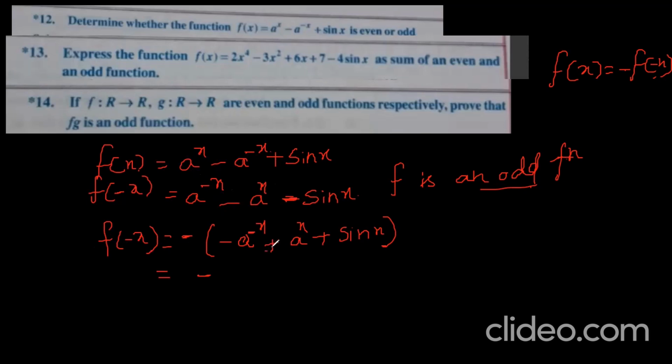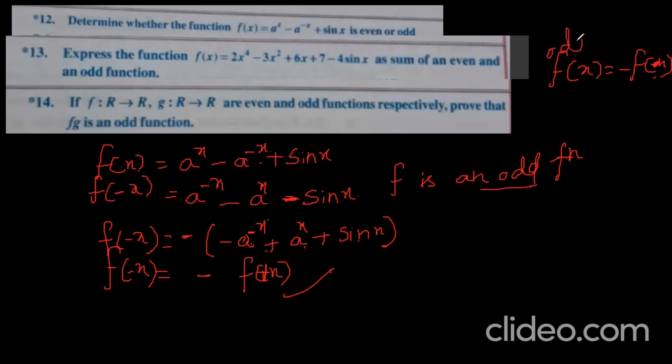This is our f of x: a power x minus a power minus x plus sin x. So f of minus x is equal to minus f of x.